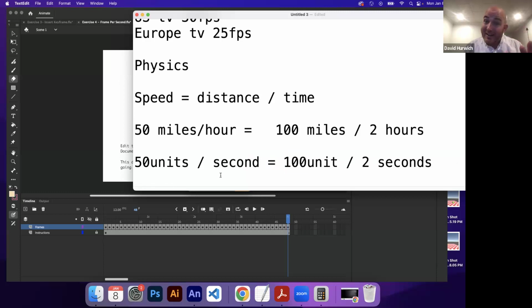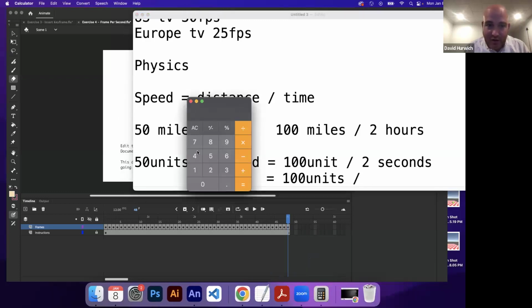Now, in my last one, we changed the frame rate. The distance the character went stayed the same, 100 units. But we changed the frame rate from 24 to 12. We had a total of 48 frames. That didn't change, but we changed how many we need for 1 second of animation.